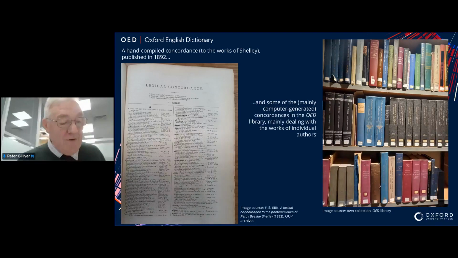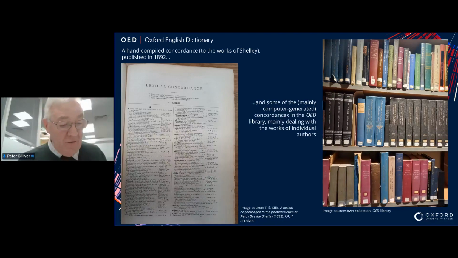Just one more piece of history. In the pre-computer age, there was actually one way of searching a few complete texts, because one scholar or another had compiled a word-by-word index to that text by hand, a so-called concordance.